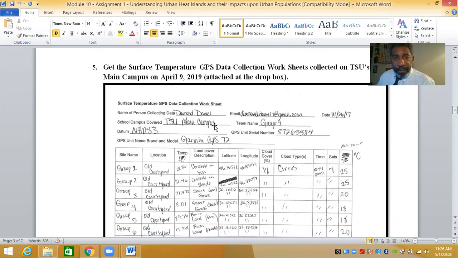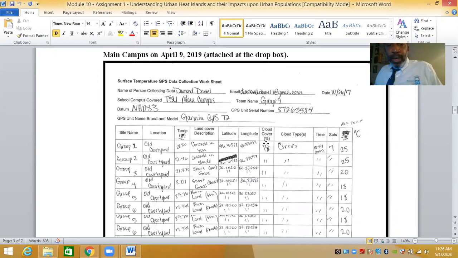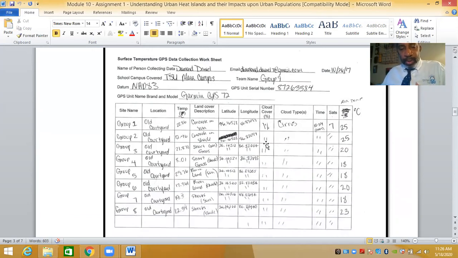We would have been on campus, might have divided you up into one or two groups, perhaps. In order to determine the latitude and longitude of our surface and air sample sites, we would have used a global positioning systems receiver or a mapping app on your phone. We would have identified the cloud cover percentage, cloud type, because that would have given us an indication of how much solar radiation was striking the area.